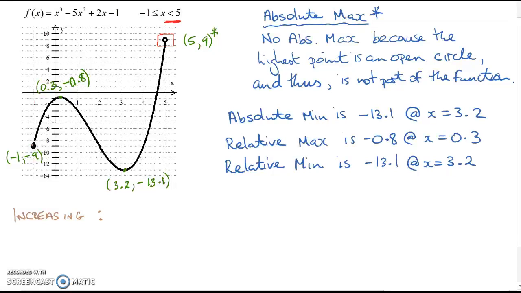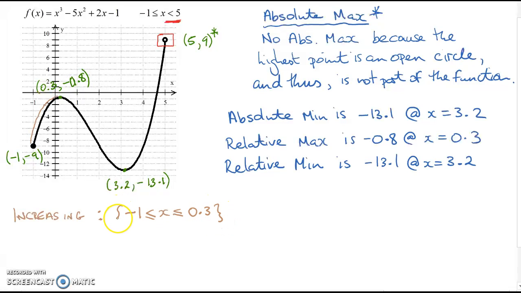Well, this graph begins here and it increases in that interval. So the x's here go from -1 to 0.3. So we can write down -1 is less than or equal to x is less than or equal to 0.3.